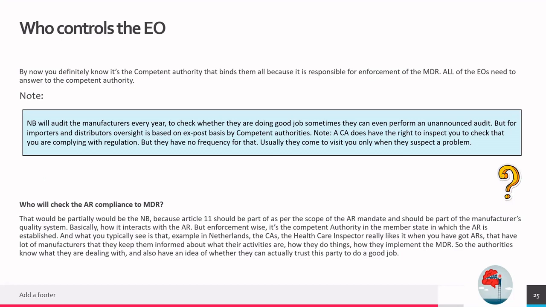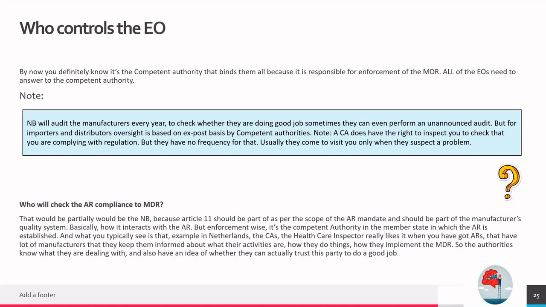And what you typically see is that, for example, in the Netherlands, this was the scenario given by a RAPS member who is a regulatory person in the Netherlands for the companies there. He said that in the Netherlands, the competent authority, the healthcare inspectorate, really likes it when you have an authorized representative that has a lot of manufacturers, so that they keep the authority informed about the activities they are doing and how they are implementing the MDR.